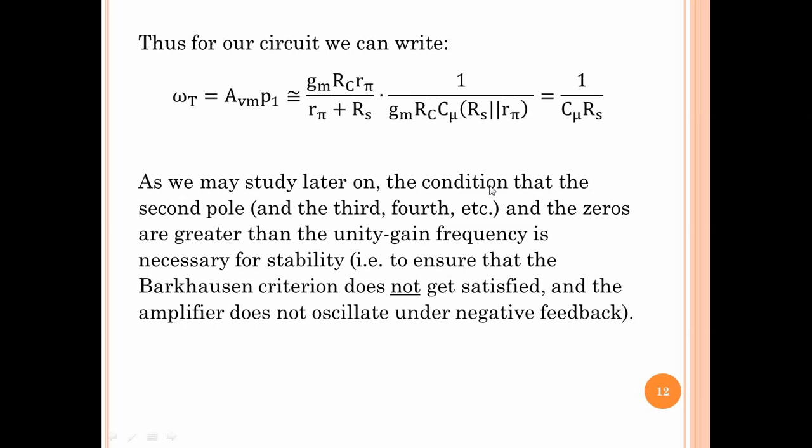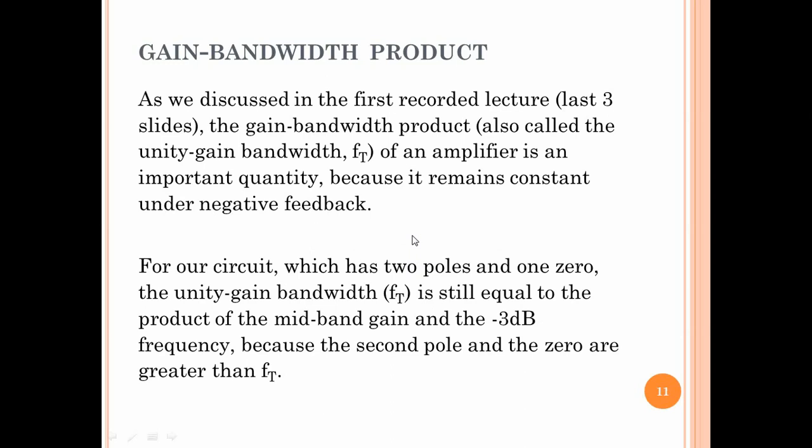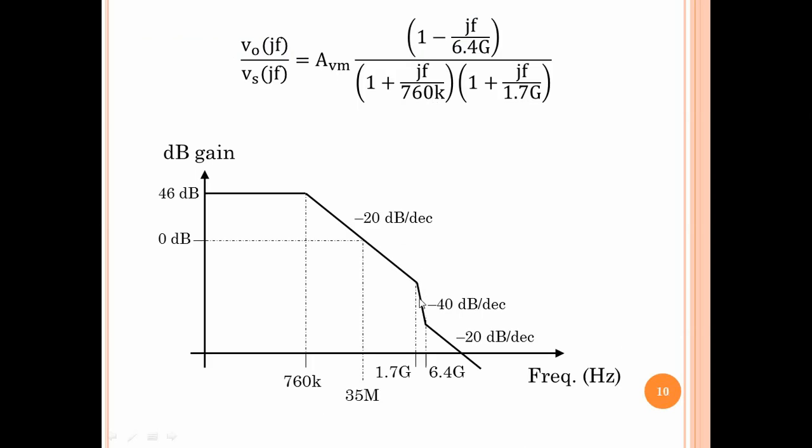This is a comment looking into the future. Remember, we talked about oscillations, and we want to make sure that amplifiers don't oscillate. We'll see that the condition is that the second poles and zeros appear much after the unity gain bandwidth.